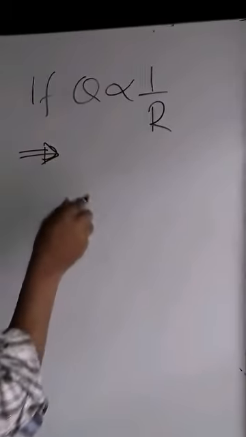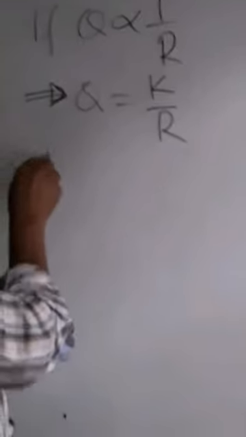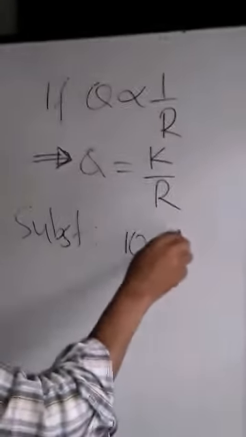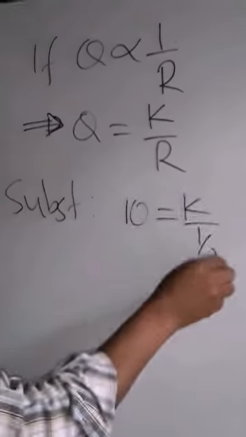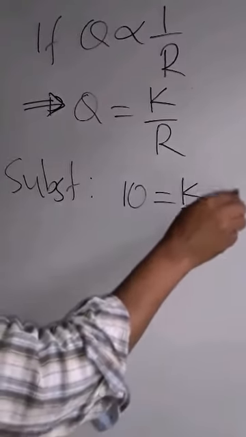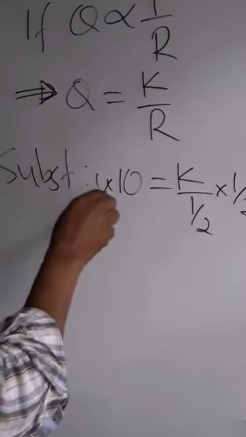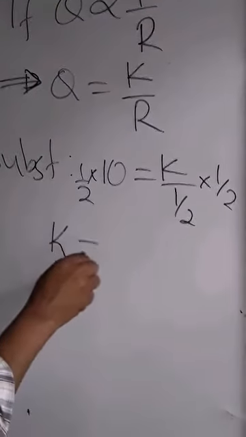Now, if Q is inversely proportional to R, then this means we introduce K, so that Q equals K over R. Now, substituting, I write it in short, then it means that 10 equals K over a half. Now, I multiply both sides by a half, and I will get that K is equal to 5.